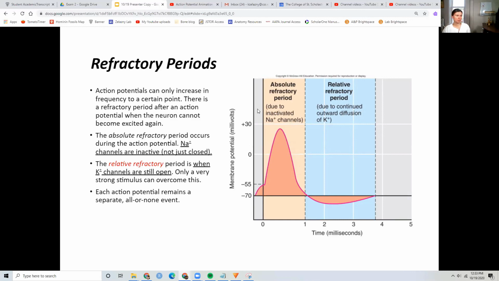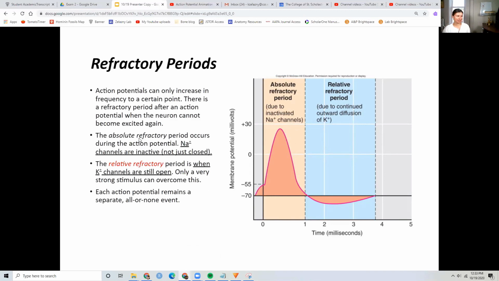Okay. But at the end, we have this relative refractory period. During the relative refractory period, our potassium channels are still open. Remember that we have this after hyperpolarization at the end of the action potential.